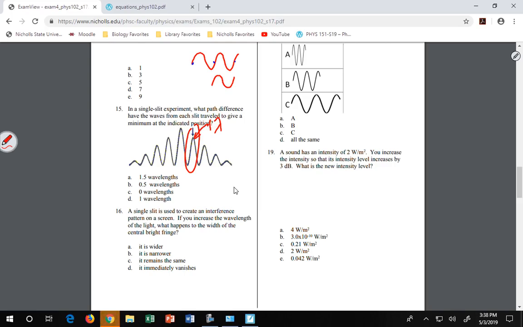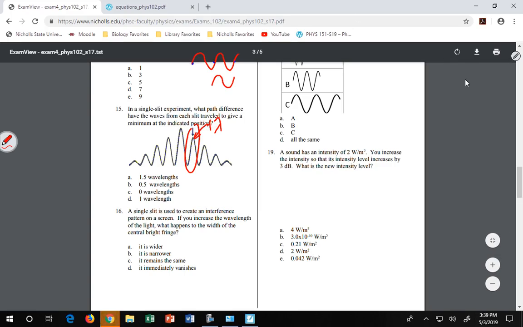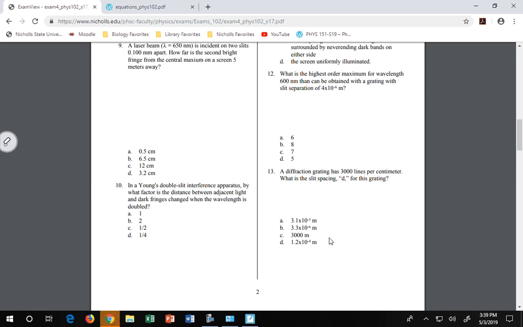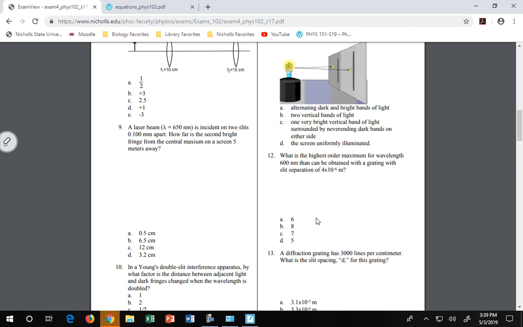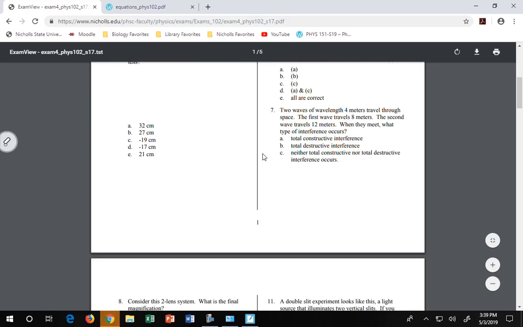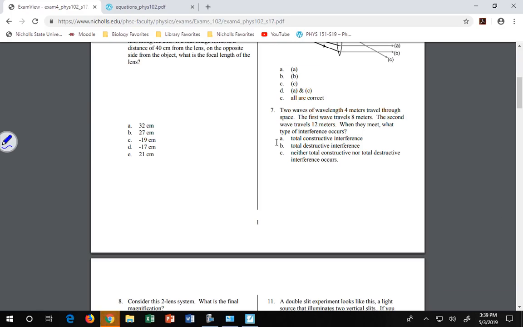Also, let's see if there's one here. Yeah, we did one like this. This is sort of like the mountain problem that we worked. Remember the mountain with the radio station?